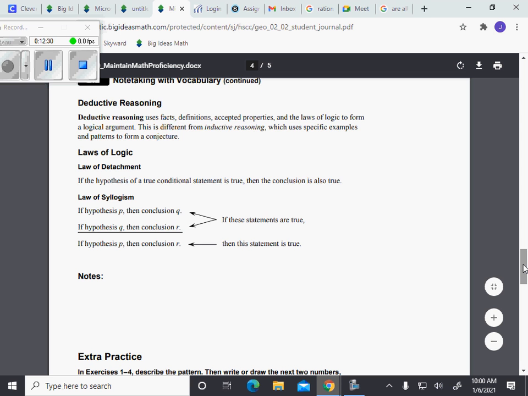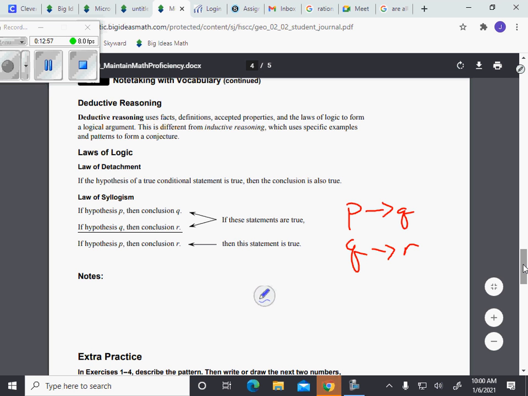The law of syllogism. Okay, I like to call it the chain rule. Why? Notice it says if P then Q. Then it says if hypothesis Q then R. Okay?